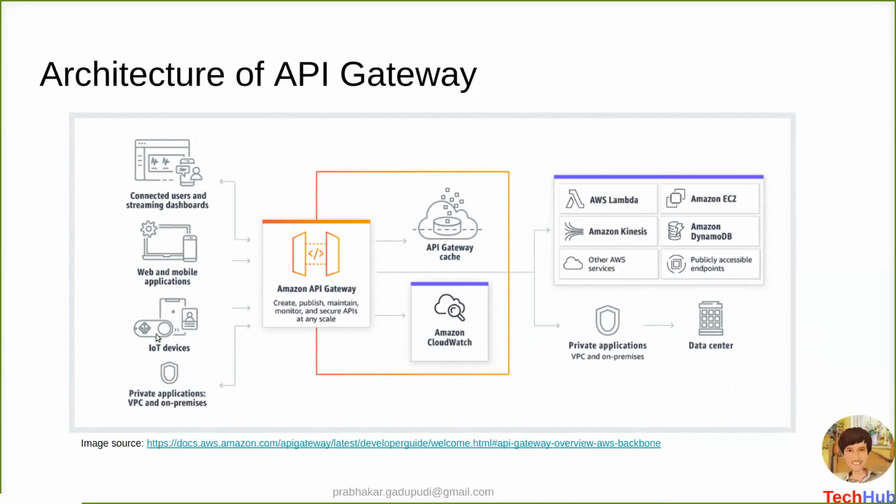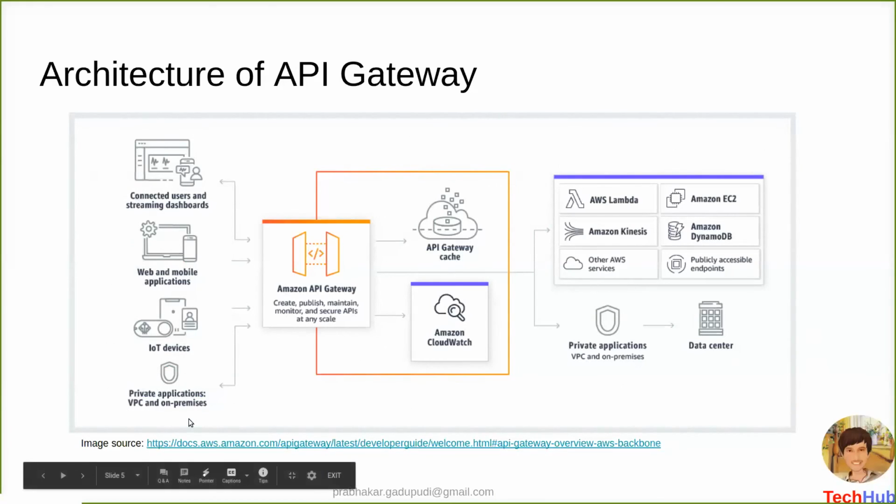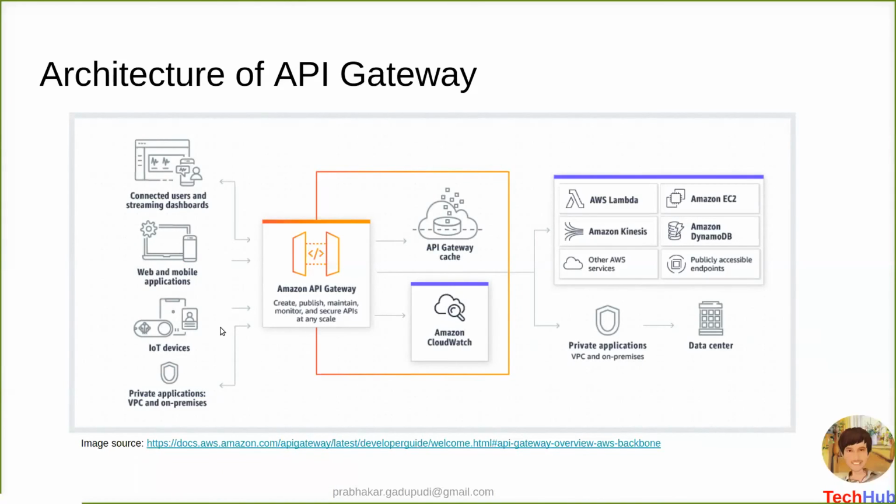Someone can integrate IoT devices and connect them directly to your cloud, or connect using private connectivity. Whatever the request is, be it streaming, a web request, a mobile request, an IoT device event request, or a special network request, all the requests will go through Amazon API Gateway only.